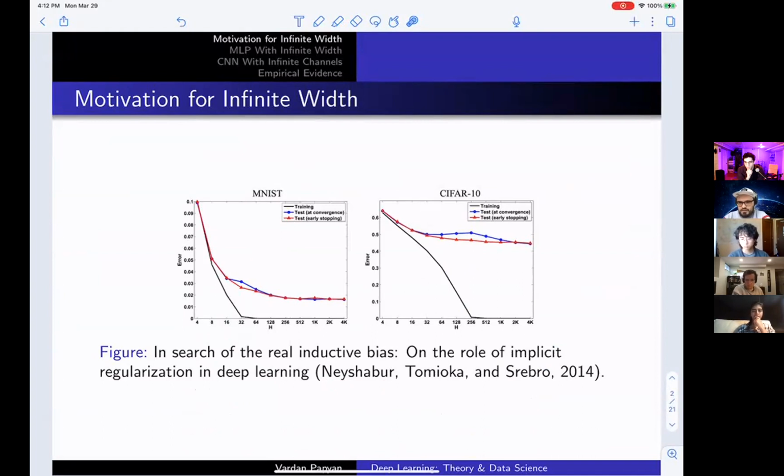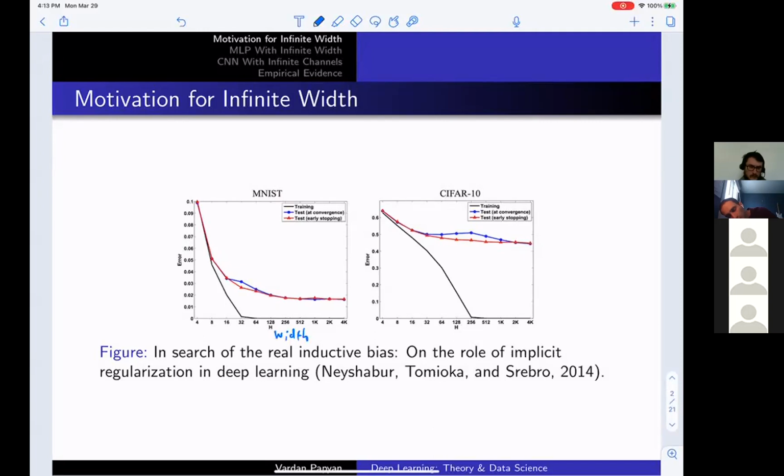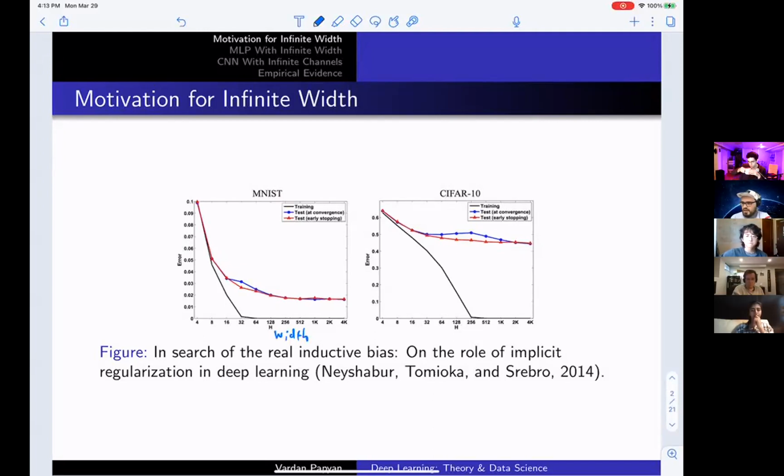Imagine that you train a two-layer neural network, two hidden layers, with varying width. Width, I remind you, is the number of rows in a fully connected layer. And imagine that you track the train and test error, and you try to understand how it behaves.